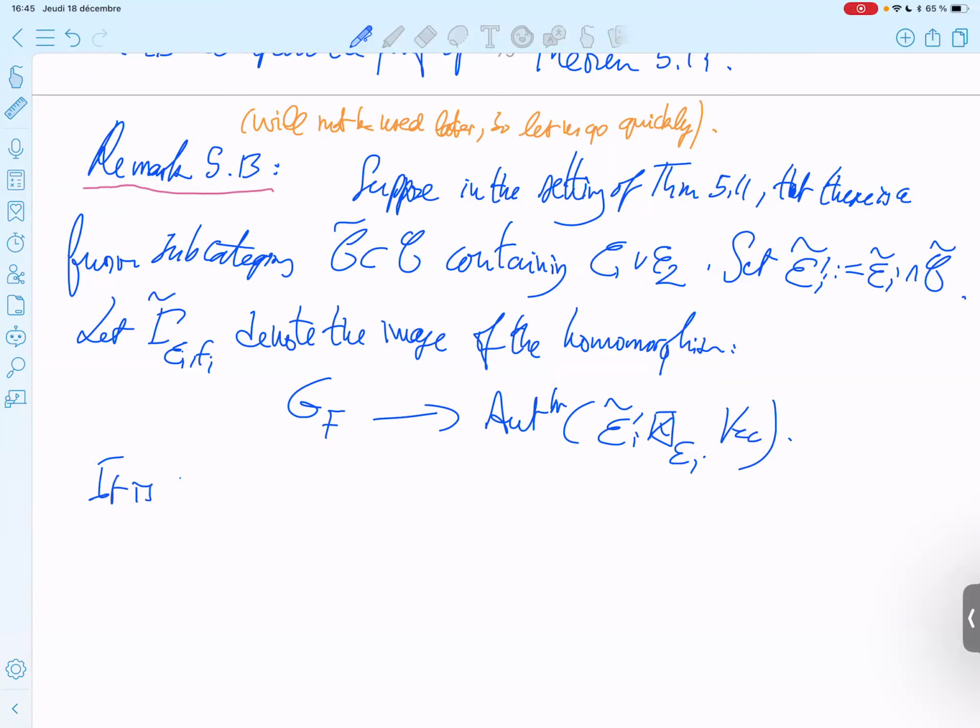So it is straightforward to verify we get something similar.